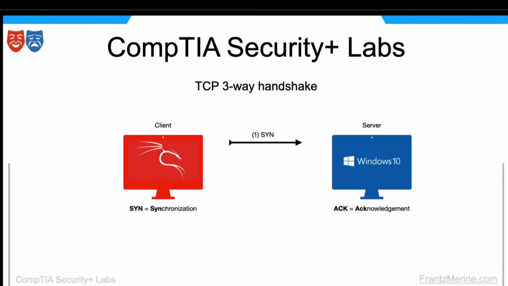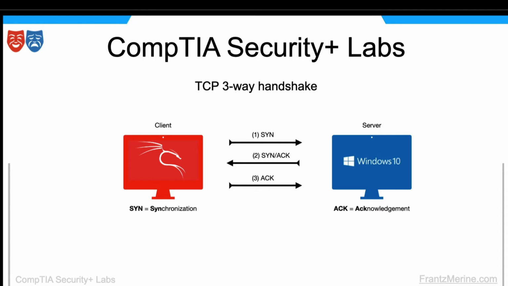The SYN is like ringing the doorbell or a hello packet saying, hello, I would like to communicate. Then the Windows 10 machine says, hey, I acknowledge your request to communicate. I'm also going to send you a synchronization packet, and I would like to communicate too. And then the third part is the Kali Linux client goes back and says, I acknowledge it. And then we have our three-way handshake.